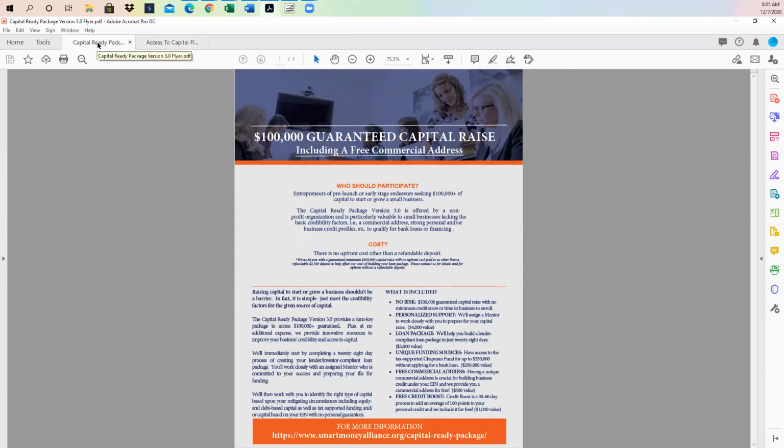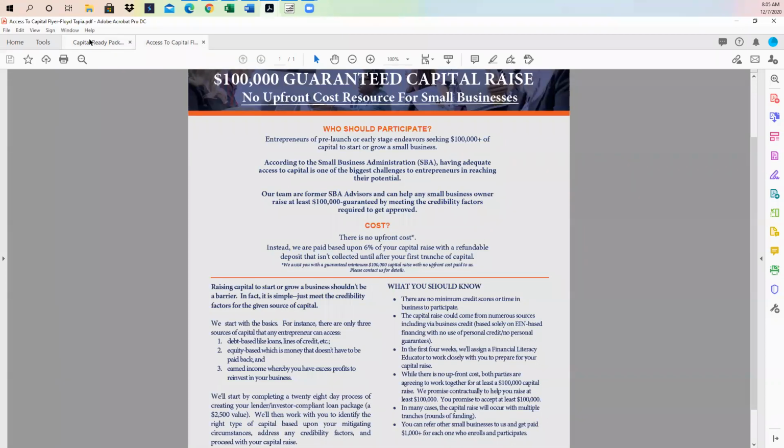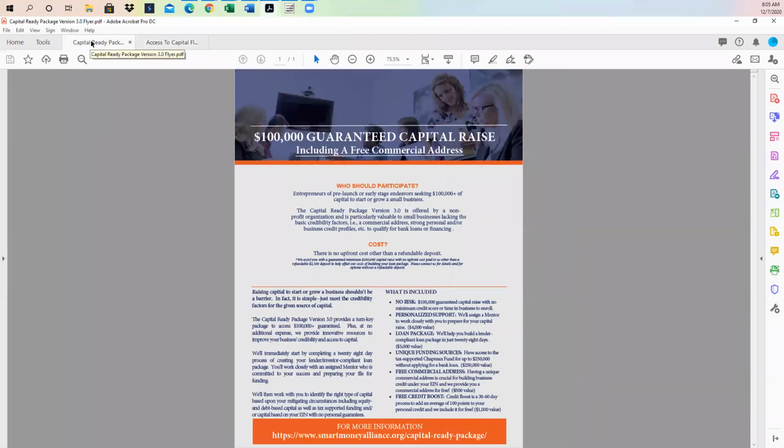Now, you'd say, well, that doesn't seem fair to the client. Well, now with 3.0, we're adding some extra perks. So the client might be very well motivated to go ahead and submit the deposit now and enroll in Capital Ready 3.0 rather than waiting till later. So specifically, what's changed in going from 2.0 to 3.0 is real simple.